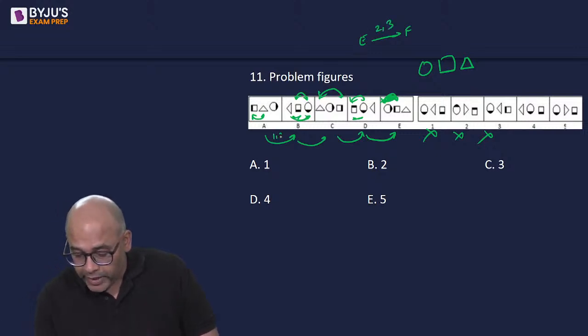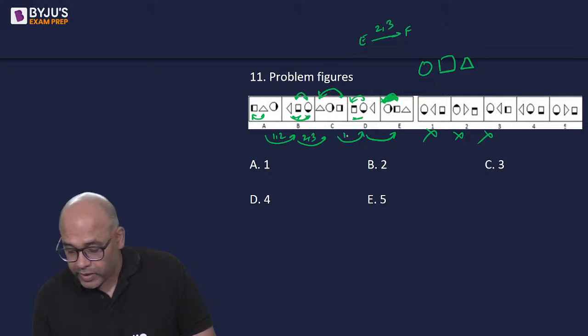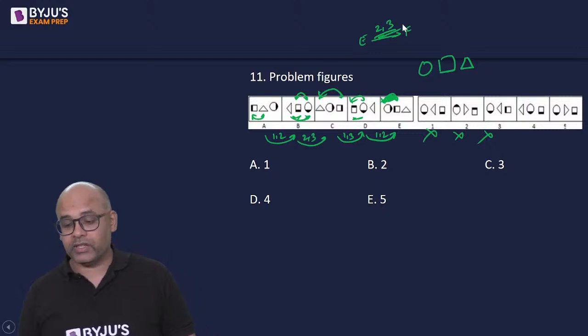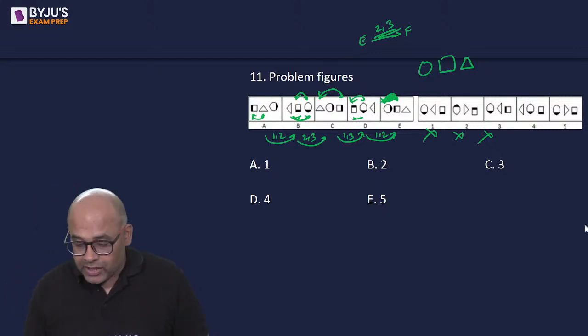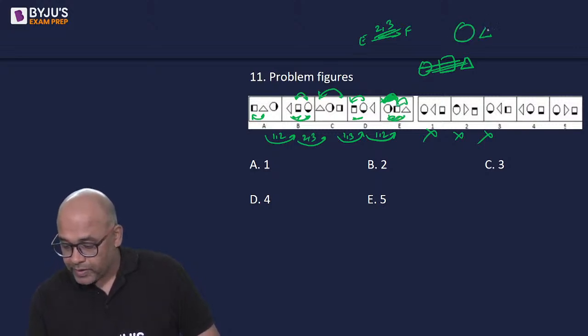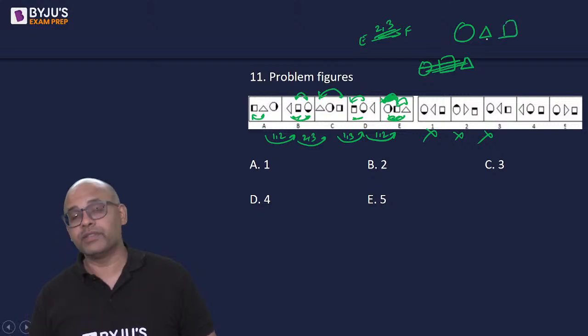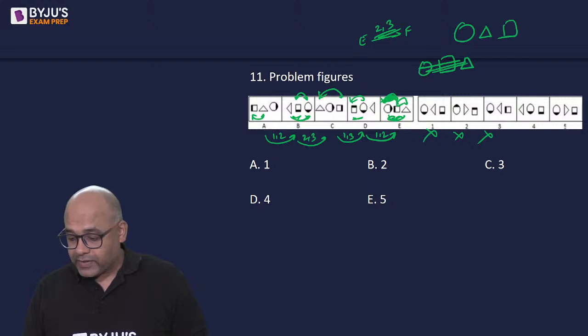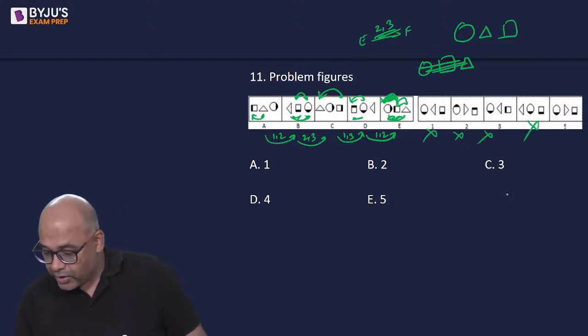So remember, 1 and 2 interchange, 2 and 3 interchange, 1 and 3 interchange. Then again 1 and 2 interchange, the next should be 2 and 3 interchange. 2 and 3 interchange means these two should interchange. So which means circle, triangle and a square or rectangle, whatever you call it. So circle, triangle and square, everywhere this is wrong.